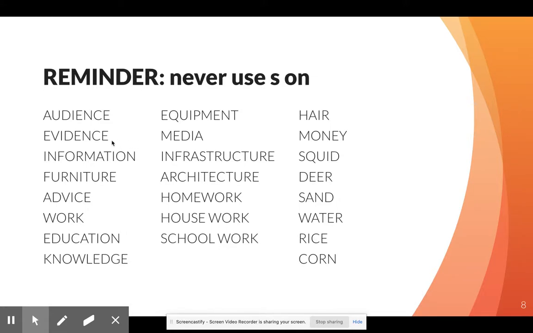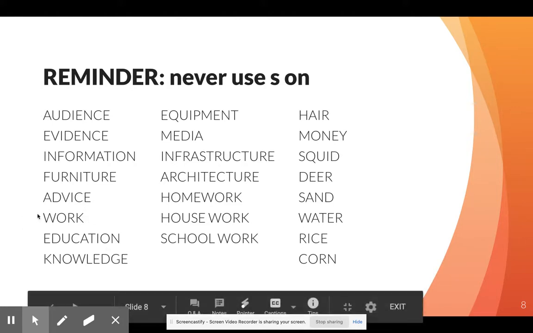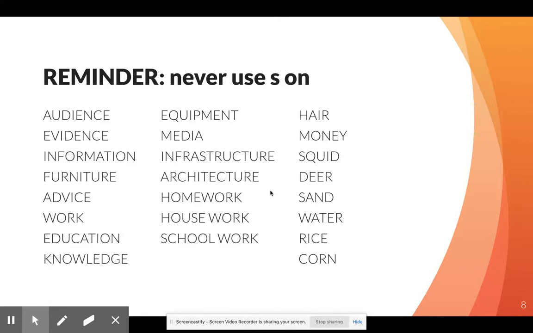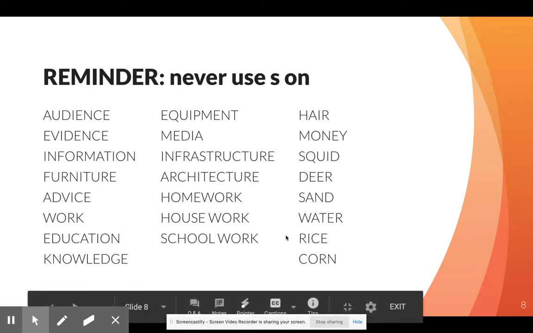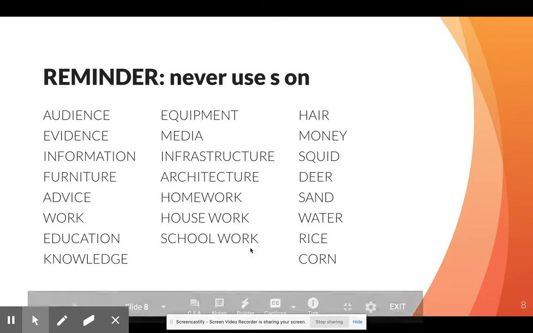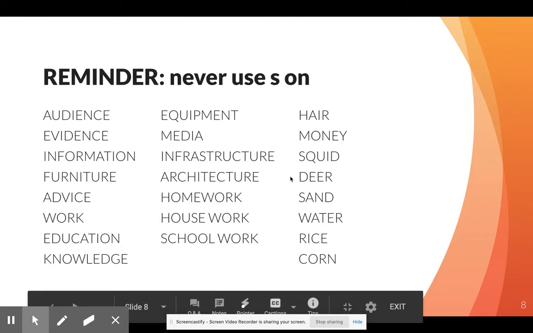Evidence, no such thing as evidences. Information, furniture, advice, never such a thing as advices. Probably number one most common is work. We can't have works. That goes for homework, housework, schoolwork. Never put an S on the end of these words.